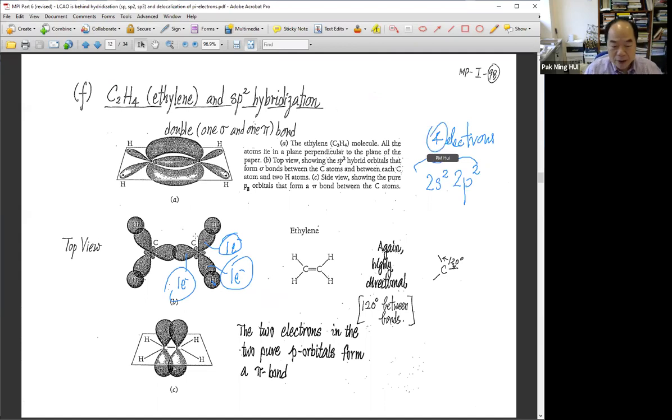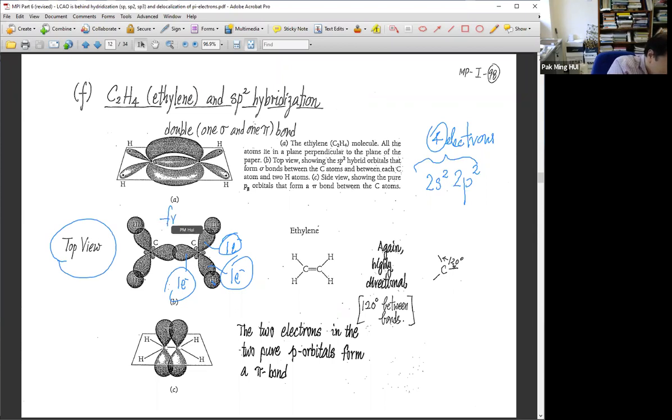So the 4th one, you need to look at it from the side view. Now this is the top view. You look at it at the side view, it's something like that. There remained another p orbital not involved in this very strong framework.